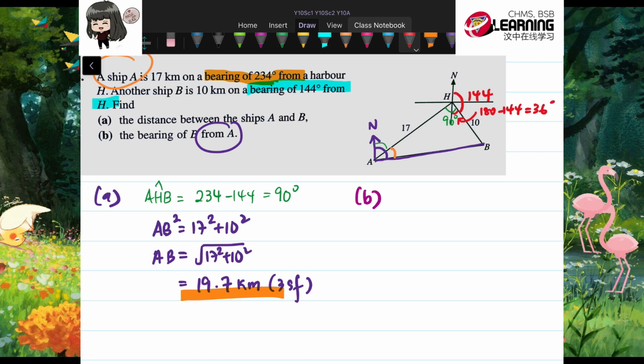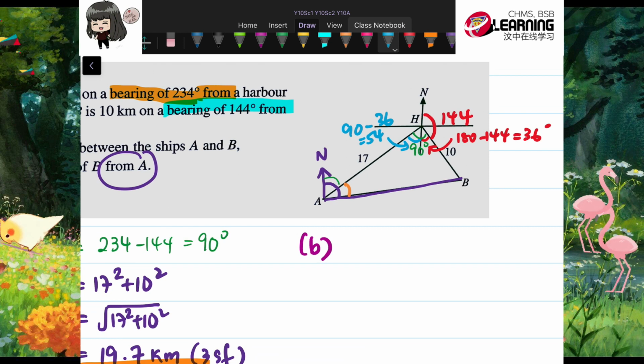So if this is 36 degree, then this angle over here will be 90 minus 36. So it's a 54. Okay, you see the blue one is 54. So if that is 54, it means that here is also alternate angle. So here is also 54 degree.